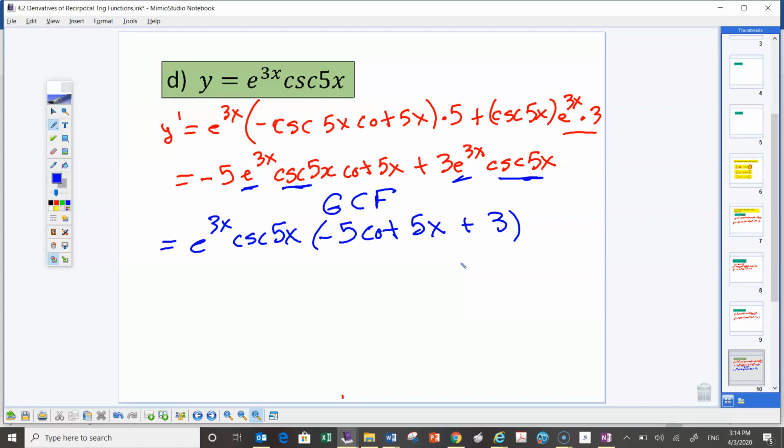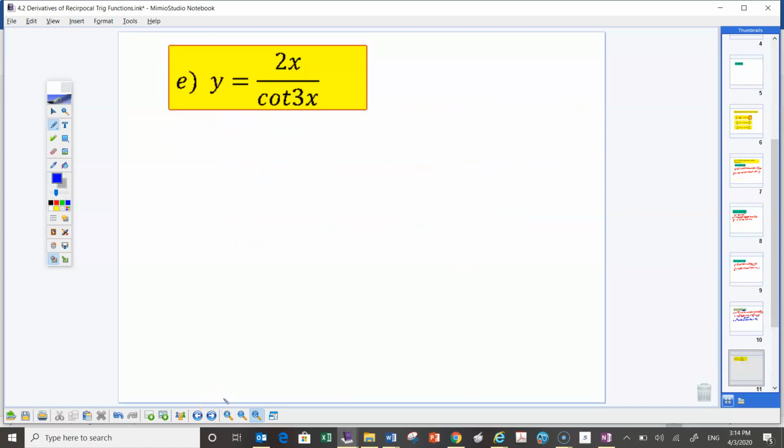So again, the product rule, similar as before, the only difference is now we're doing a derivative of a reciprocal trig function. Okay, for this question here, we are going to use the quotient rule.